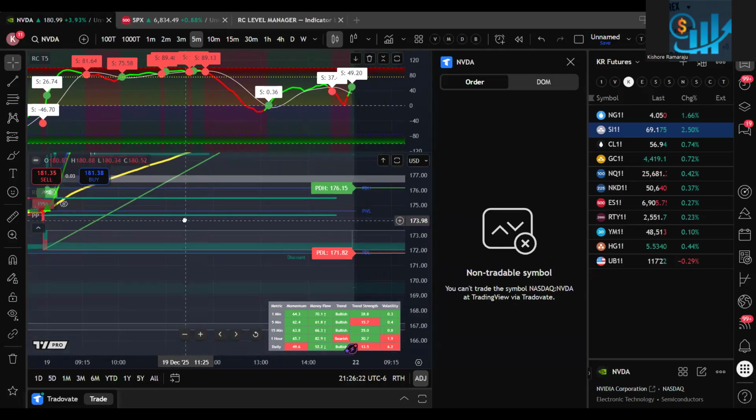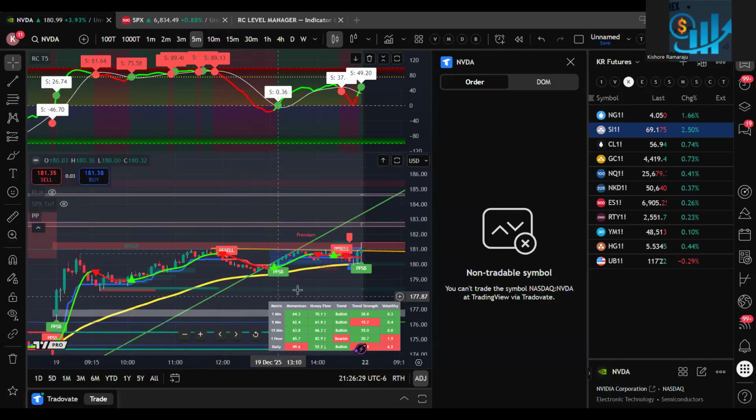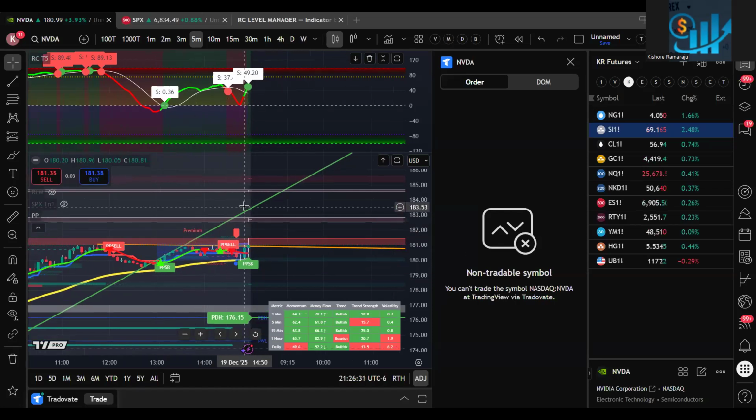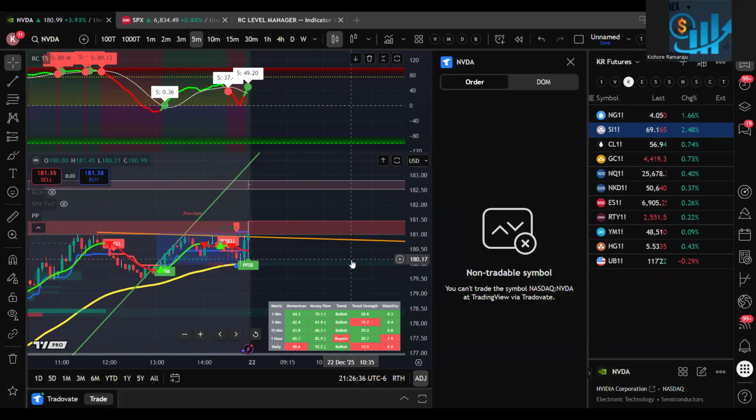Price went all the way to the discount zone on Friday. Touched the discount zone. Went all the way to the top now. So maybe tomorrow it will touch somewhere at the top and then start dropping.